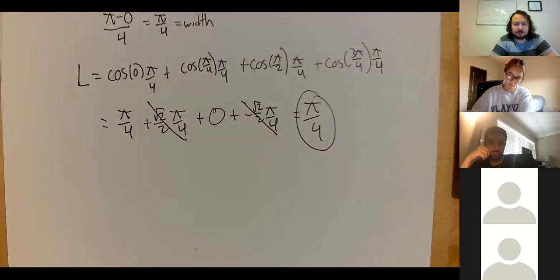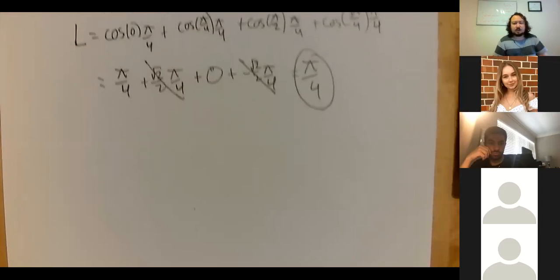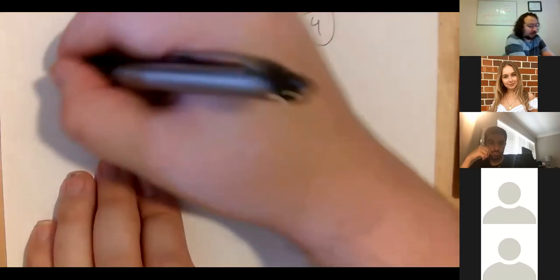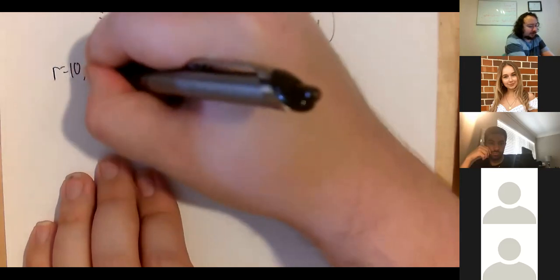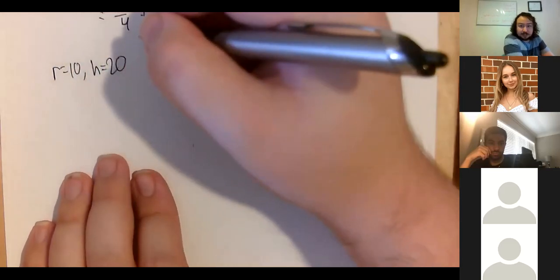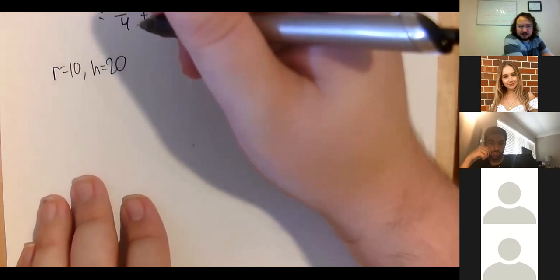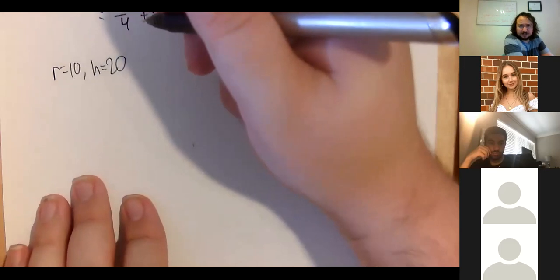All right, what does this one say? If the radius r and height of a circular cylinder both change at a rate of 2 centimeters per second, how fast is the volume of the cylinder changing at the instant where r is 10 and h is 20? So we know that r is 10, h is 20, and the radius and height change at a rate of 2 centimeters per second.